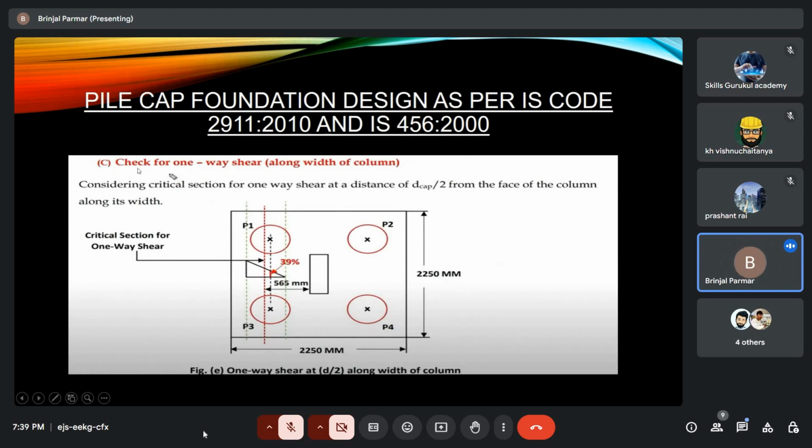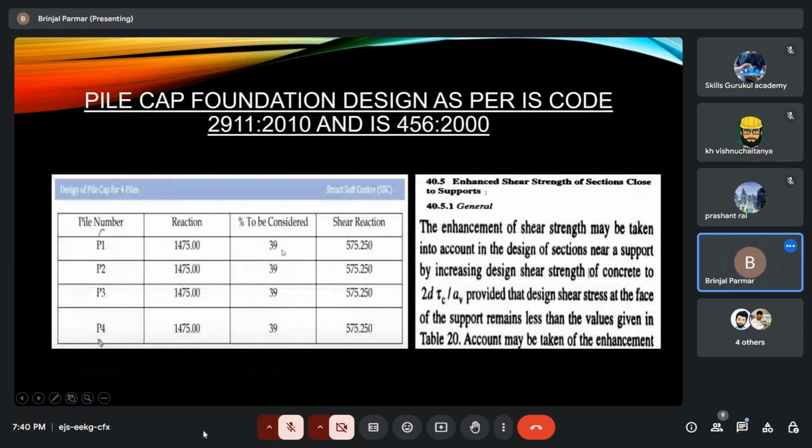Now check for one-way shear. Considering the critical section for one-way shear at the distance of d cap divided by 2 from the face of the column along width. The critical section is the face of the column. We know P1 was 1475 and we find the reaction.